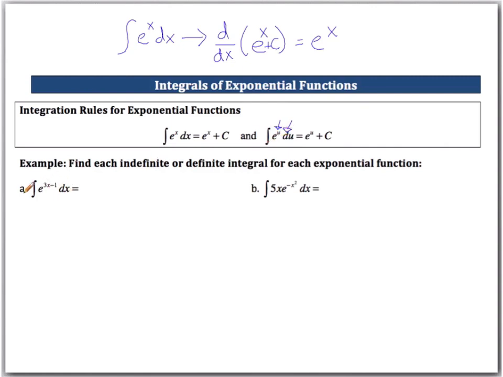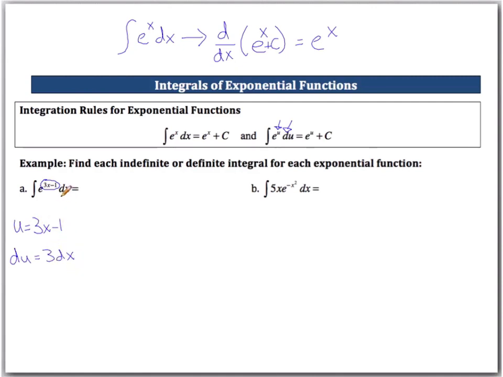Okay, so let's try our first example here. We have the integral of e to the 3x minus 1 dx. So here we can see that our u is going to equal 3x minus 1. And so we need to check our du. So the derivative of 3x minus 1 is going to be 3 dx.